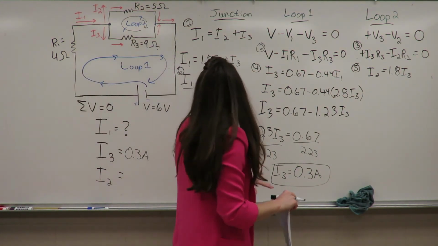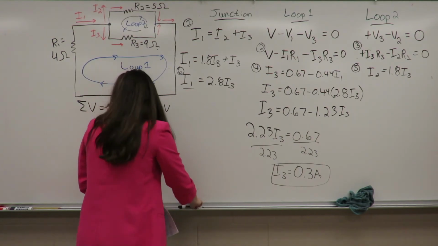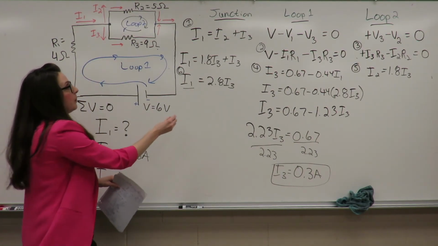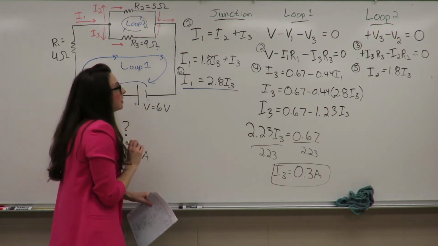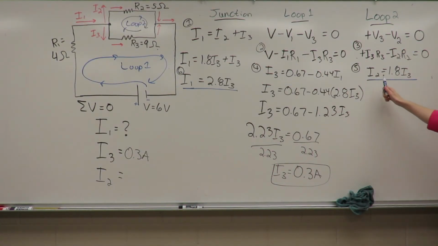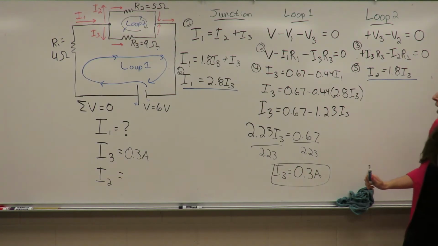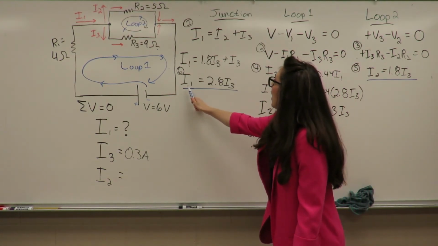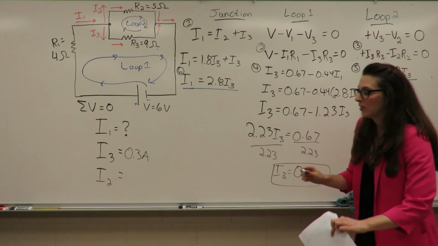Now I can take this value for I3 and look back at equation 6 and equation 5. In equation 5, I've got I2 in terms of I3. In equation 6, I've got I1 in terms of I3.